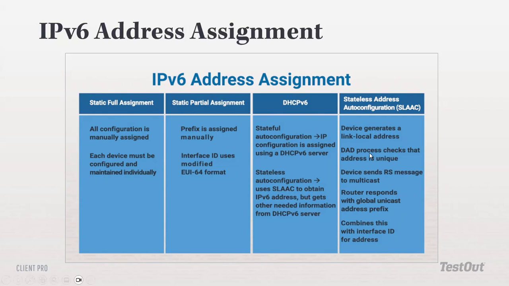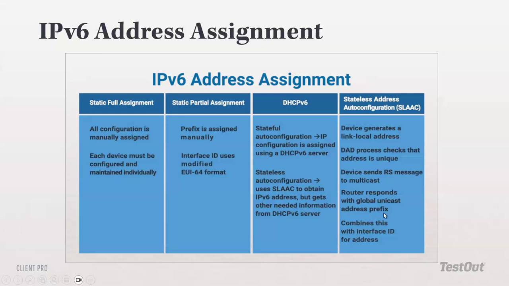Okay, and here's the process for SLAAC. So we get a link local address. Then we use a process called DAD to check that that address is in fact unique. And then we send a recognized or accepted message to the multicast.